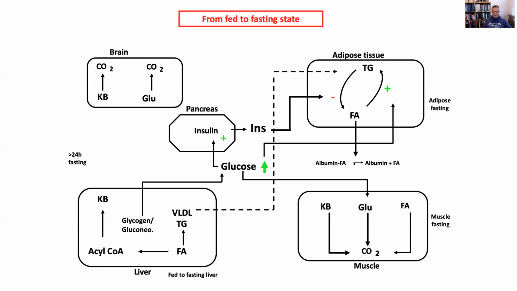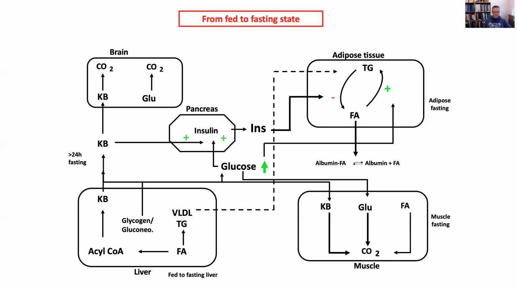And if we also extend these regulatory mechanisms to go past 24 hours, where the glycogen stores have been used in the liver, we will see that the concentration of ketone bodies will increase, and the ketone bodies can be used by different tissues like the brain and also the muscle as an alternative energy substrate.